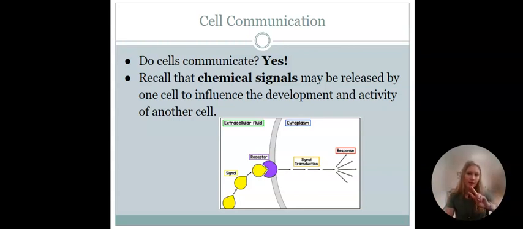Those are the two types of chemical signals. But essentially, cells are communicating. So a signal is sent from one cell. The signal is picked up by a receptor on the secondary cell. The signal is transduced, or sent into the cell, and then you get some type of response. So that is your cell communication pathway: signal, receptor, response.